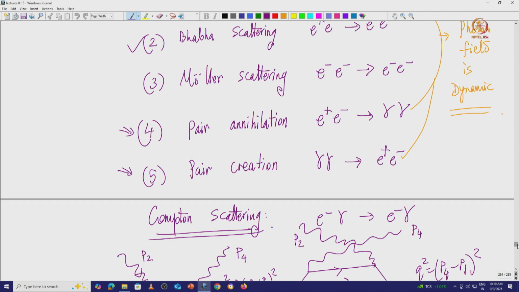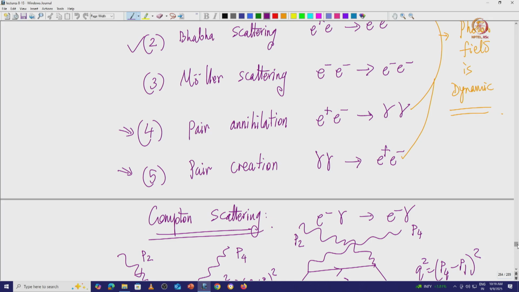Now, you may ask me that what you are doing is like a hopscotch: you start with wave functions, then use the Green's functions method to solve these wave functions, and while doing so you are suddenly saying that the photon is no longer a wave function, the electromagnetic wave function.